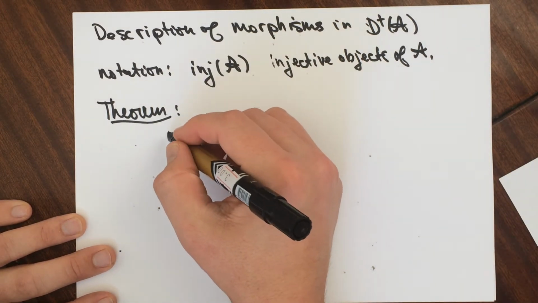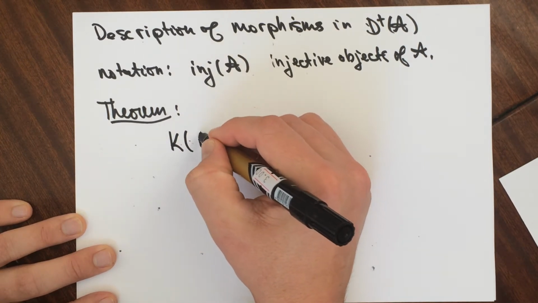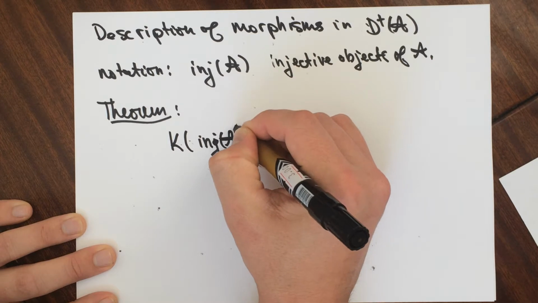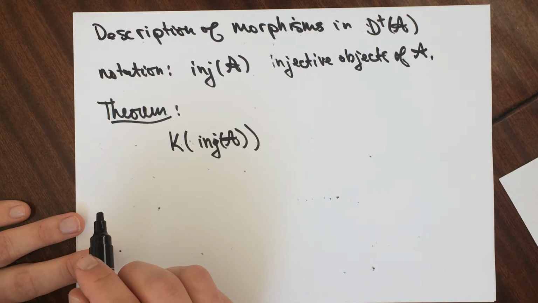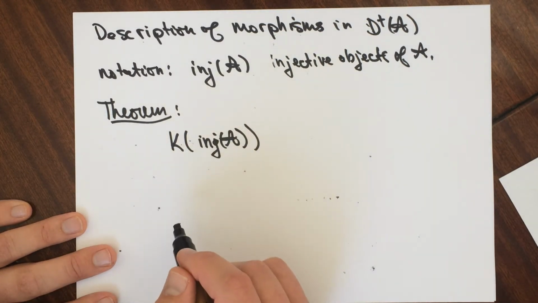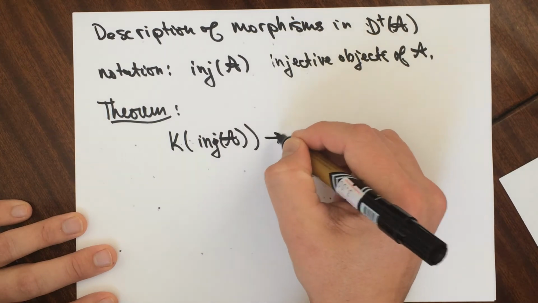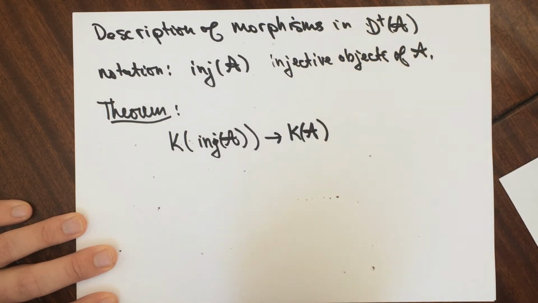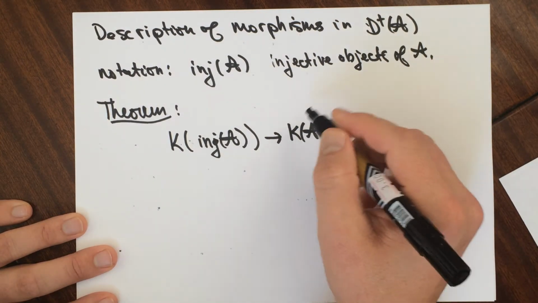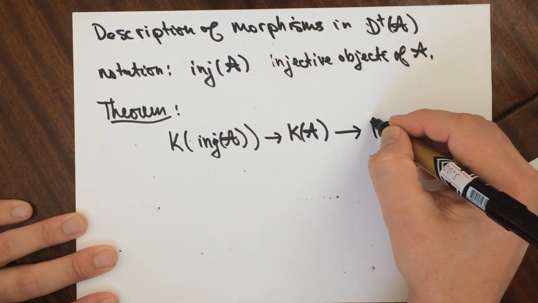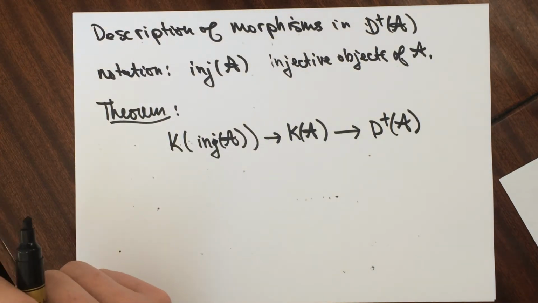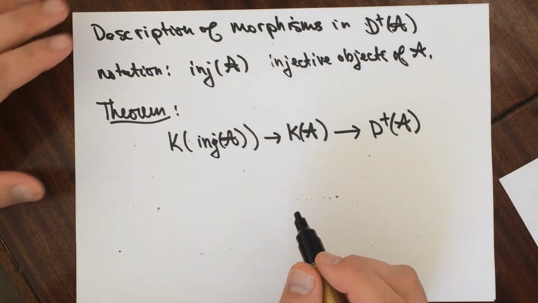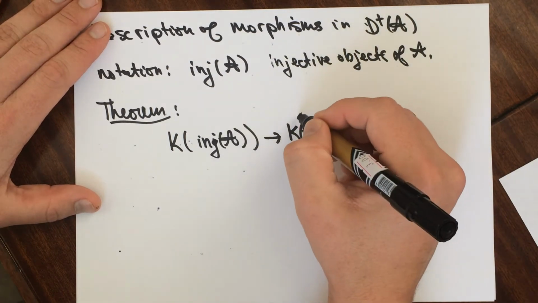Okay, so we can consider the complexes built from injectives, up to homotopy, and this goes into here. And then from the homotopy category, we have this localization into the derived category. Maybe I should say K plus.